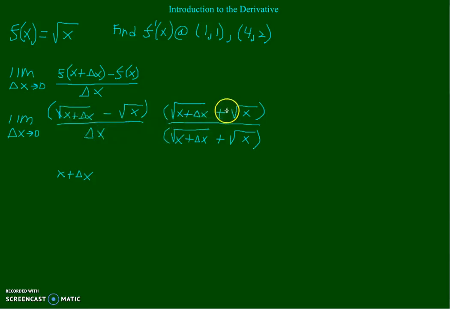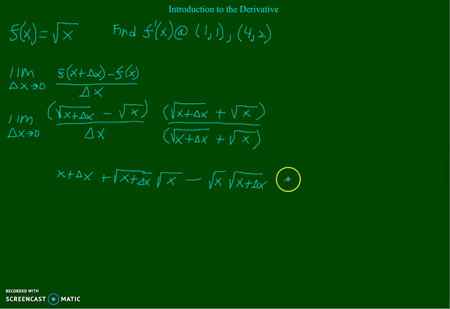This times this gives us plus the square root of x plus delta x times the square root of x, minus this, minus the square root of x times the square root of x plus delta x.